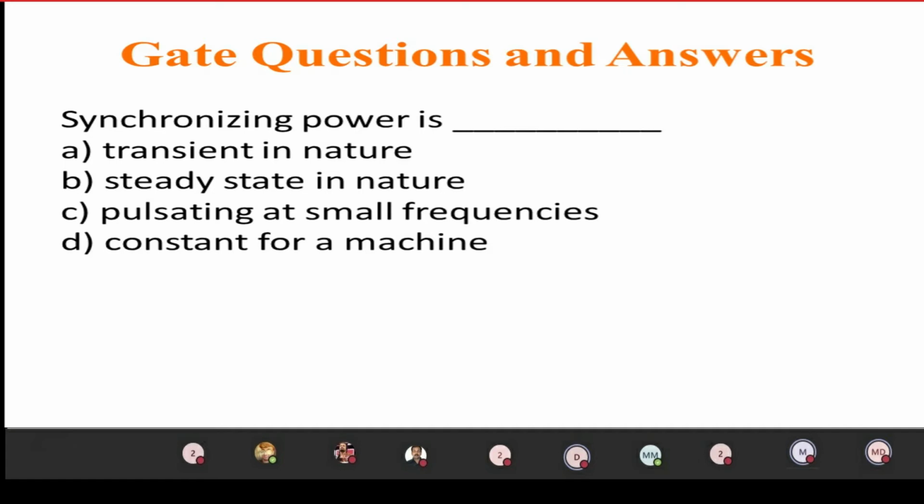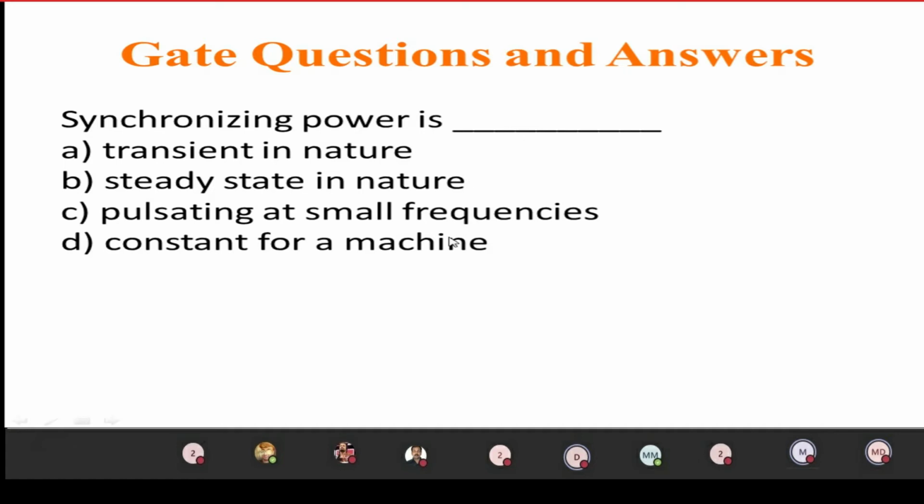So synchronizing power, after the synchronization, while you increase the mechanical input, the current transfers from the generator to a load or grid. So the transfer of energy, that is active power, is the synchronizing power. It is not steady state, it is a variable one. So it is not constant for a machine.